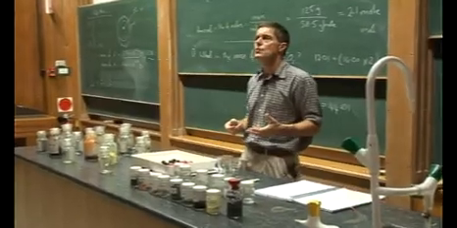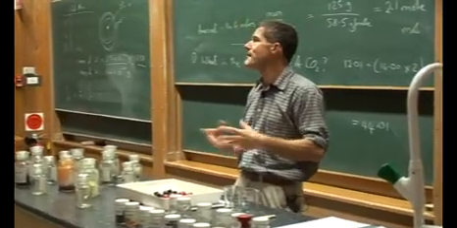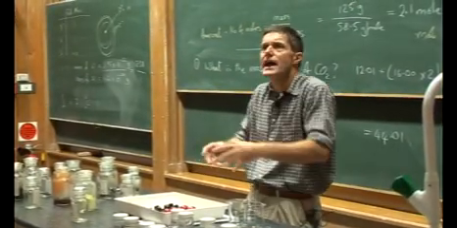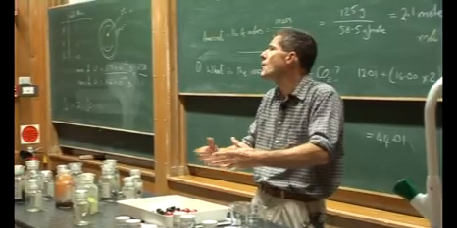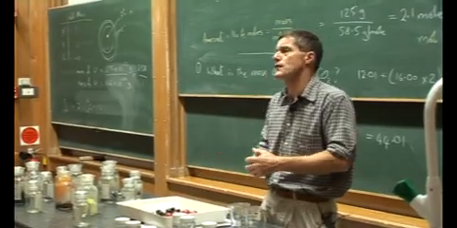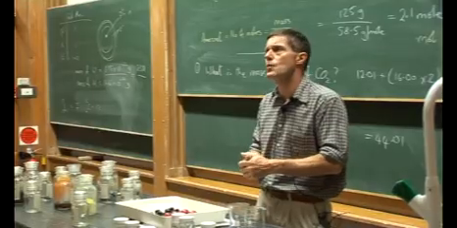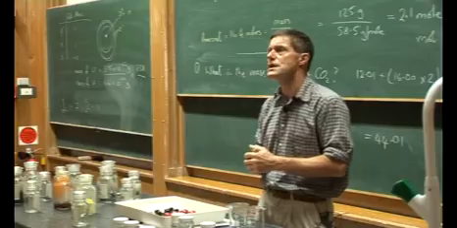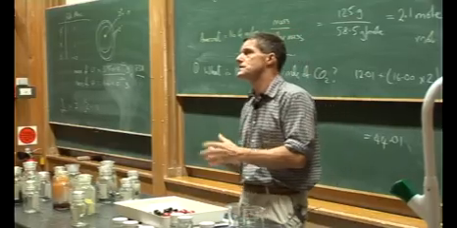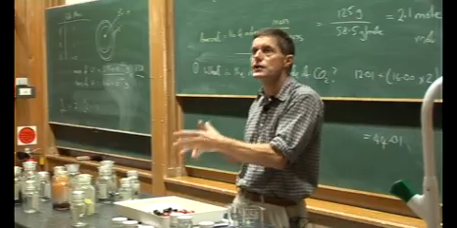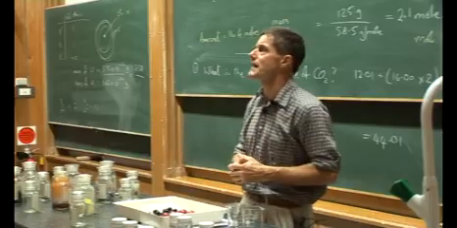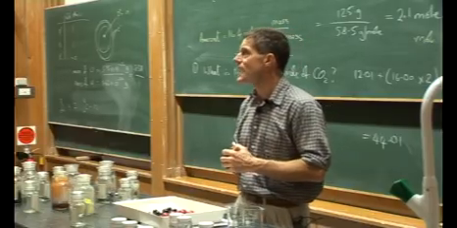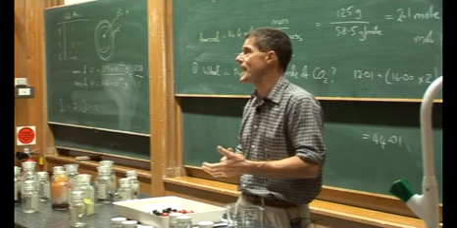In the lab we can only work on what we call a macroscopic scale, a scale that we can see, a minimum of 1 gram or maybe a small fraction of a gram. We can't work with individual atoms and molecules. So we need a scaling factor to bring things up from a microscopic, an atomic scale, to a lab scale. That scaling factor is the Avogadro number.